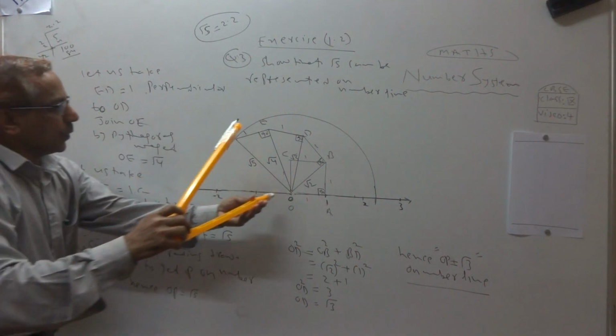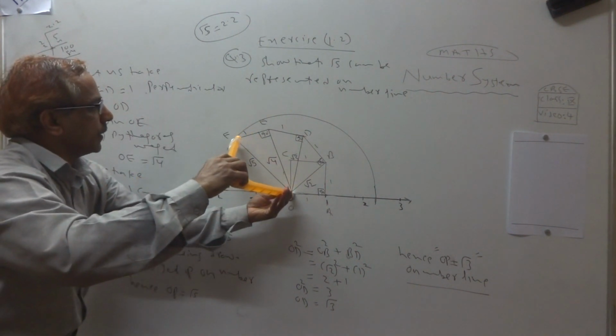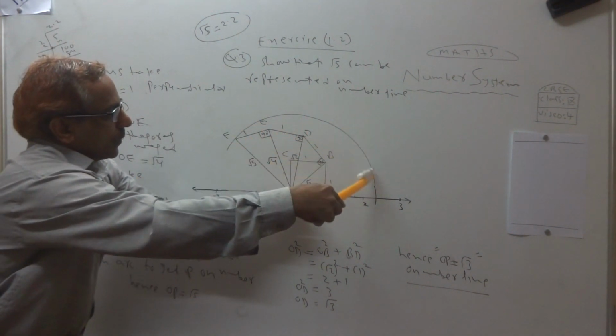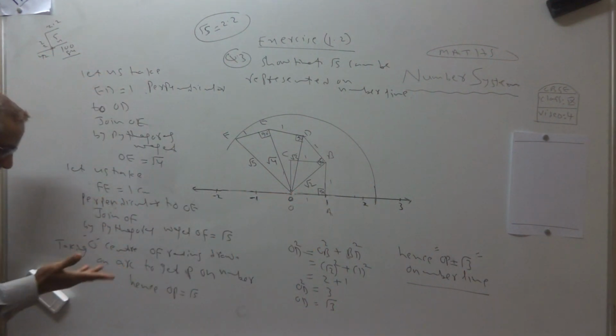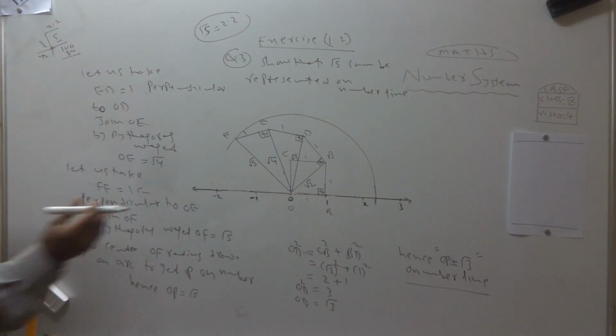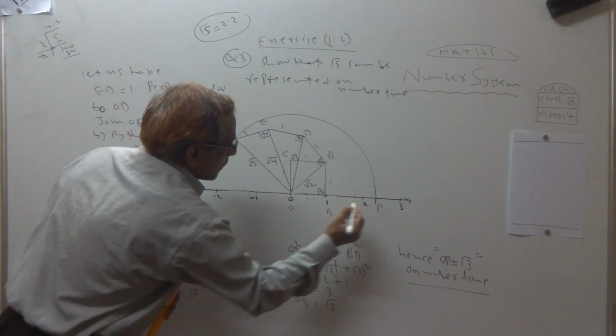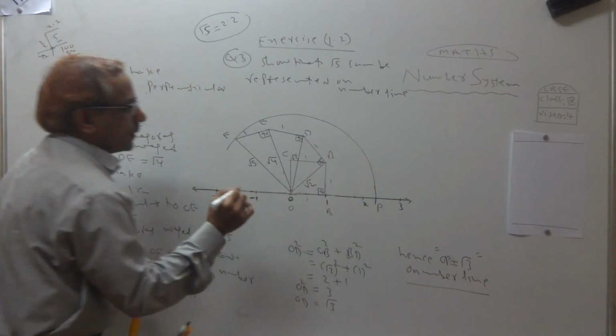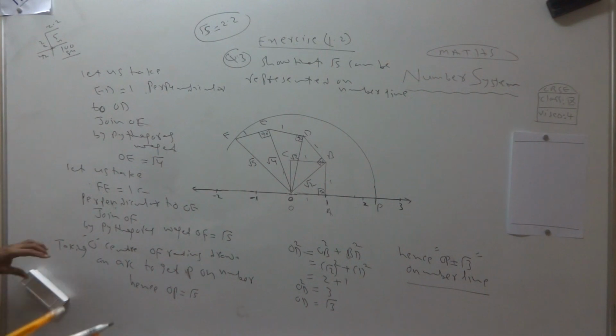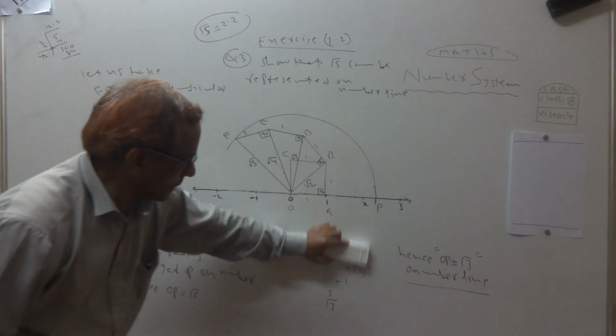So when you take O as center and OF as radius and draw one arc, where it meets the number line, that will be the value. So OP represents the value of root 5.